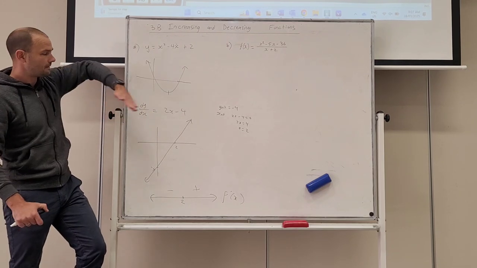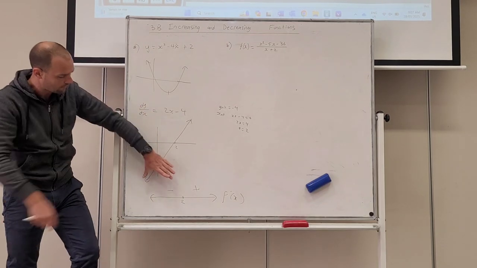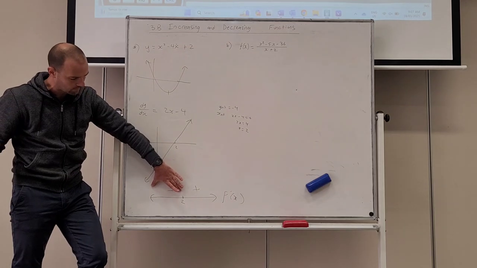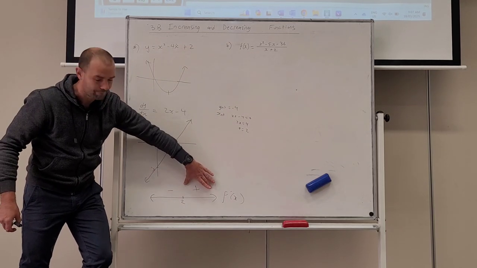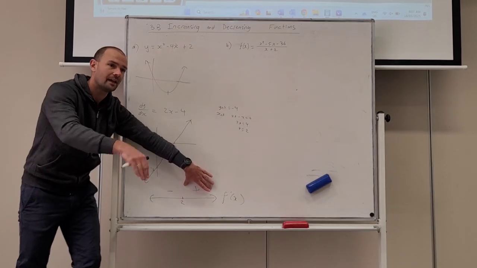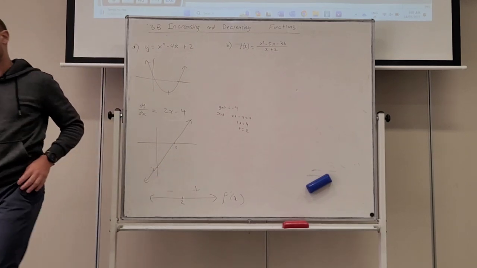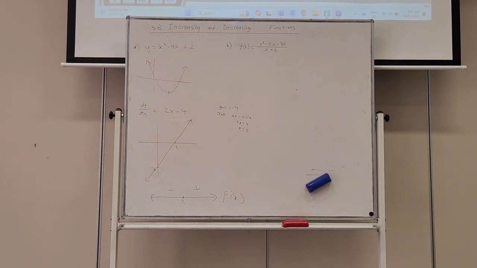If you have negative slope, it means you're walking down the hill. We have negative slope until we get to x is 2, and then we have positive slope after x is 2. If we look at our graph here, if we g-solve that minimum point, I've got x is 2. We can see we're decreasing until we get to x is 2, and then we're increasing after that.